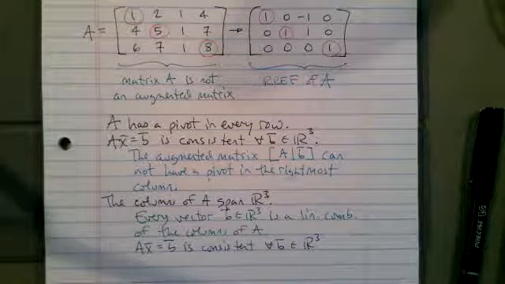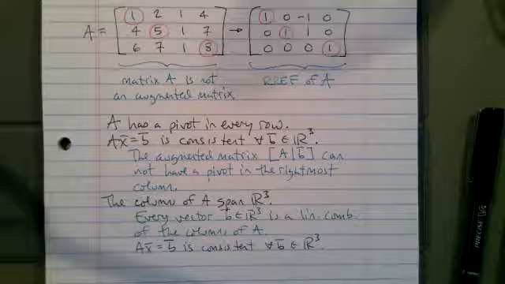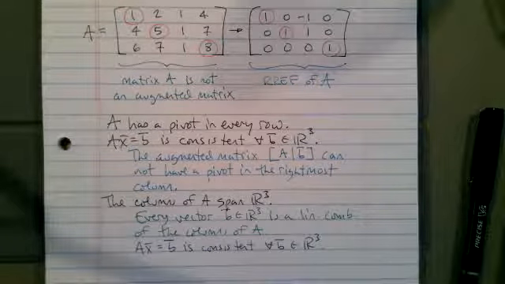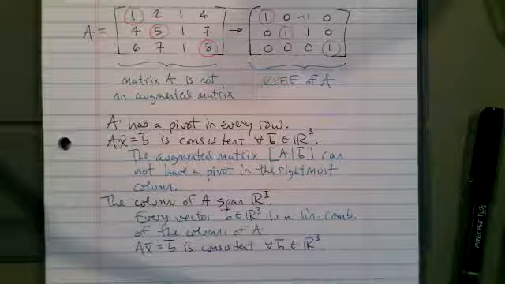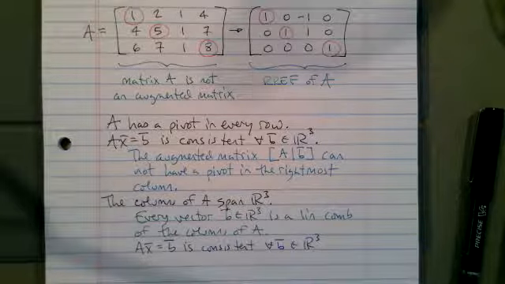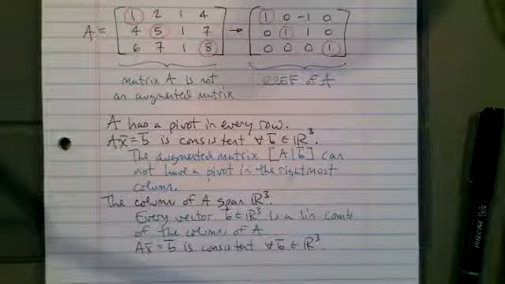So saying these two things is equivalent, but we're talking about different things. AX equals B is consistent for all B in R3. That's a statement where the subject is the equation, the matrix equation AX equals B. The columns of A span R3 is a statement about the set of vectors given by the columns of A. So we can say that they span where the equation is consistent.